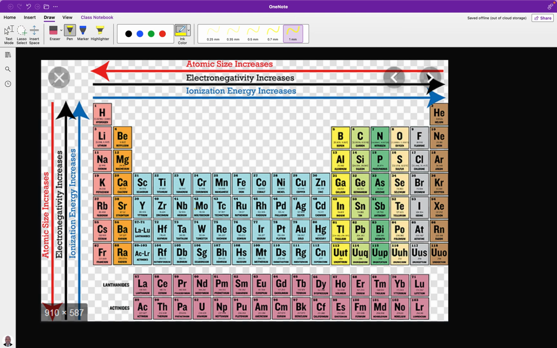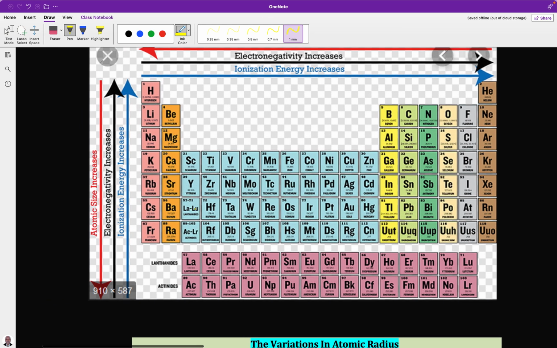Electronegativity too is increasing as you move from metals to non-metals. Ionization energy is also increasing. There's a consistent increase as you move from metals right to noble gases.